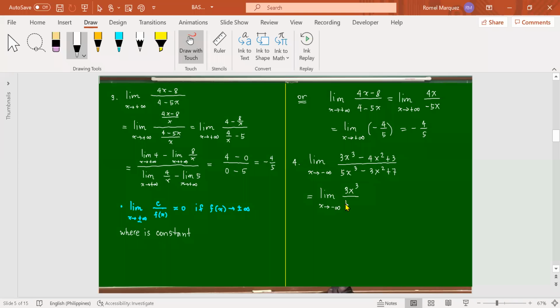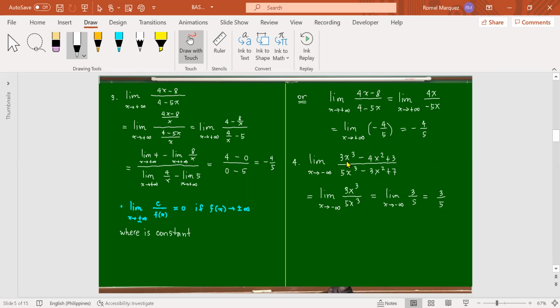In the denominator, 5x cubed. So this is now equal to limit of 3 over 5 as x approaches negative infinity. What's now the value, guys? 3 over 5. Am I correct, guys?